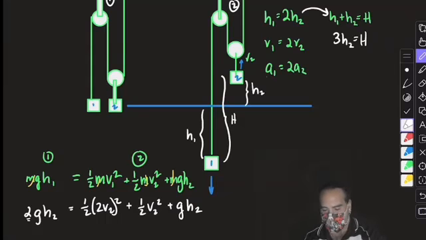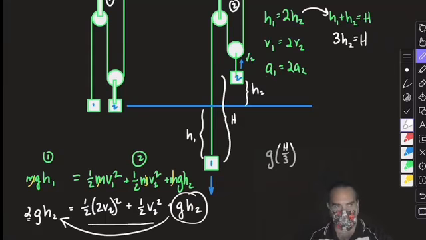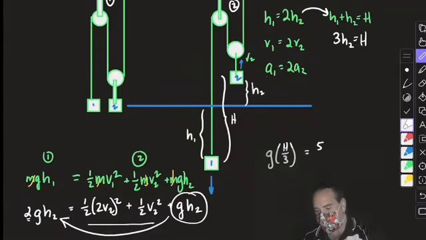So let's do that. That's going to be G times H over 3. I'm just subtracting this from this side and then substituting in H over 3. I can combine these together. 2 squared is 4, half of 4 is 2, 2 and 1/2 is 5 halves. So this is 5 halves V2 squared.